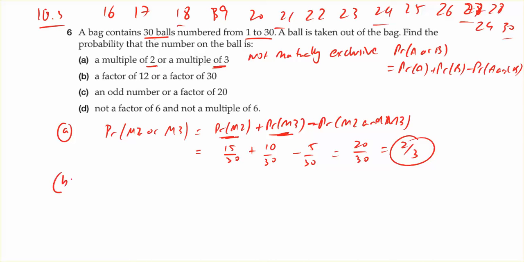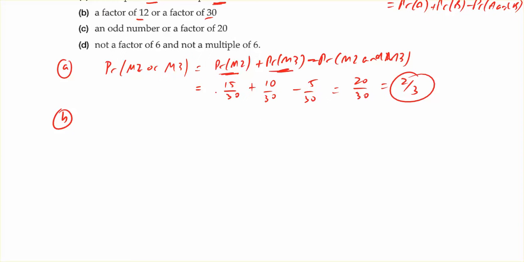For part B, we want the factors of 12 and factors of 30. So we're going to do sort of like a factor tree, so we don't miss any factors. Factors of 12 are 12, 6, 4, 3, 2.